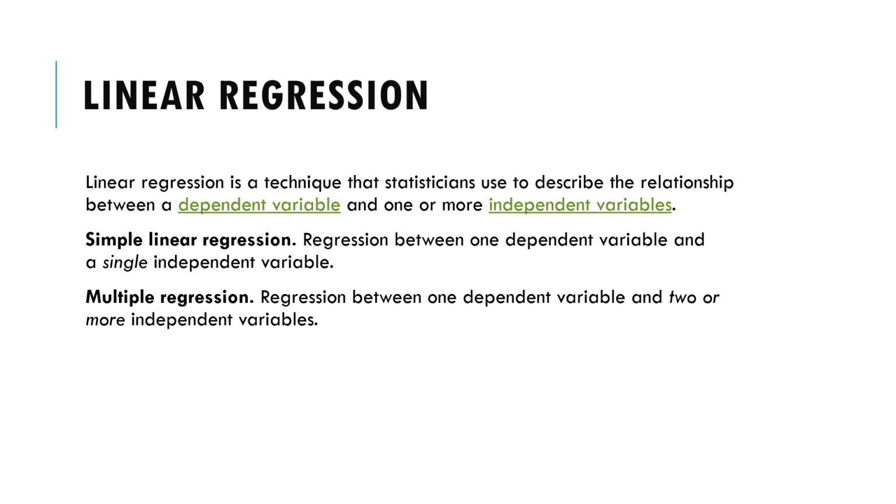Whenever you establish a relationship between one independent variable and one dependent variable, that is known as simple linear regression. But if you have one dependent variable and more than one independent variable and you establish a relationship between them, that is known as multiple regression. Here we will discuss simple linear regression.